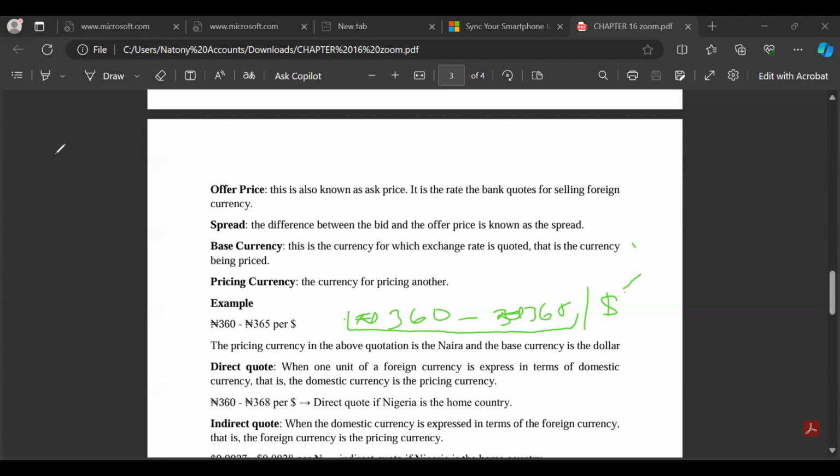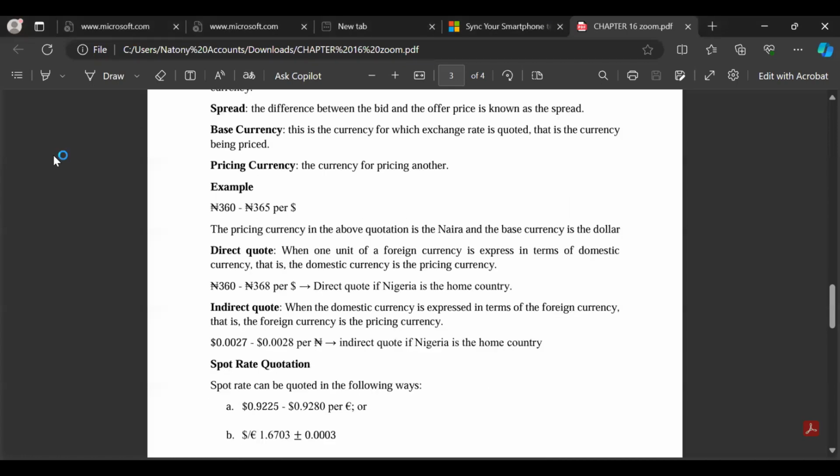That's what you want to buy or sell. The currency that you are using to buy or sell is known as the pricing currency. So you are using the naira to buy or sell the dollar. I want you to pay more attention at that point.